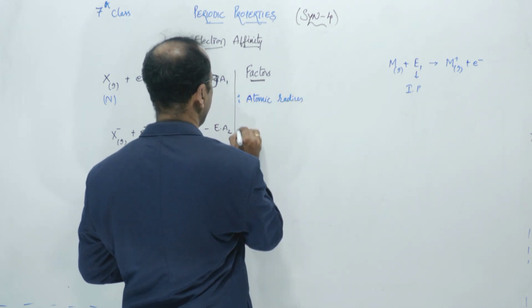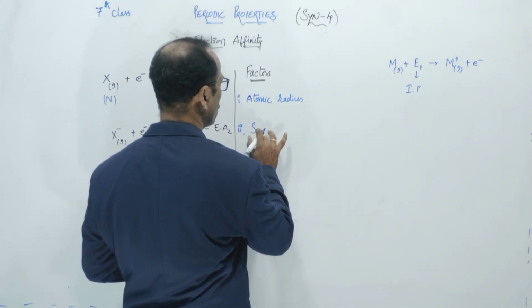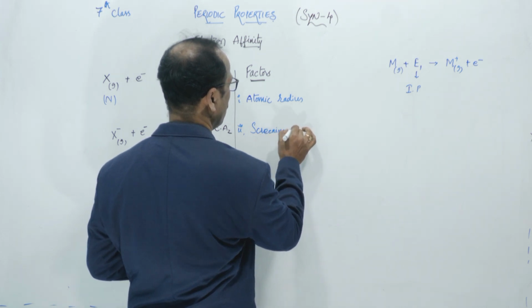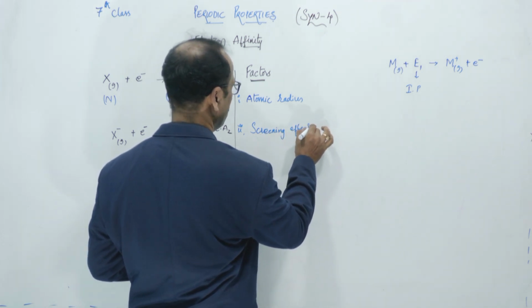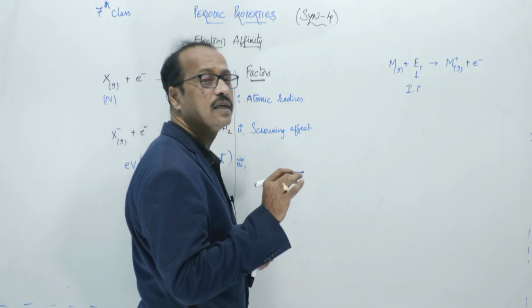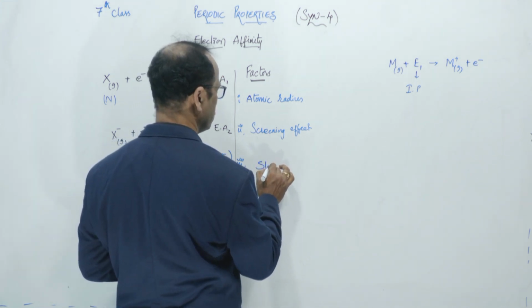And next is the screening or shielding effect, which we also discussed, yes or no? So the screening effect, or we can say the shielding effect also. The third one is what we discussed more: stability of an atom.